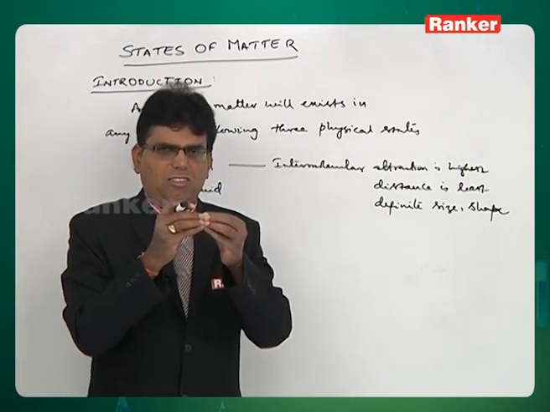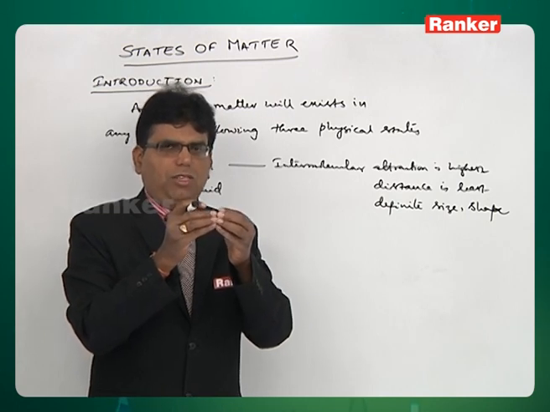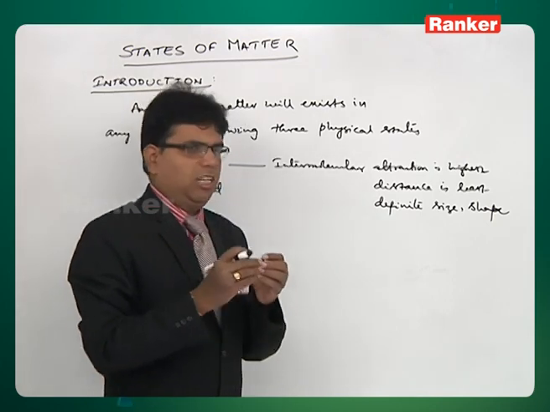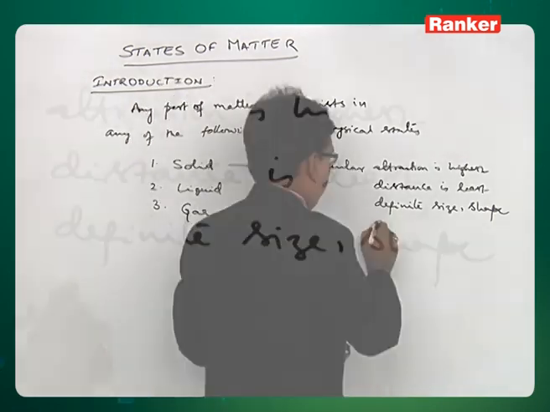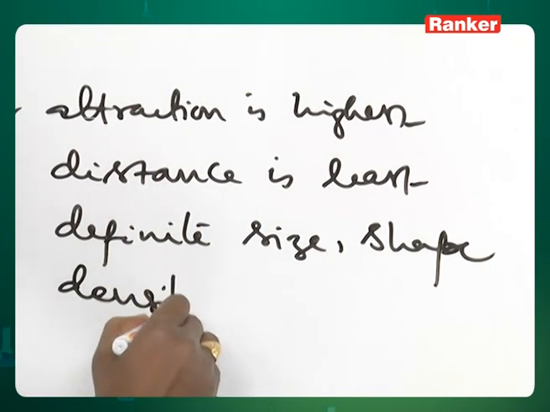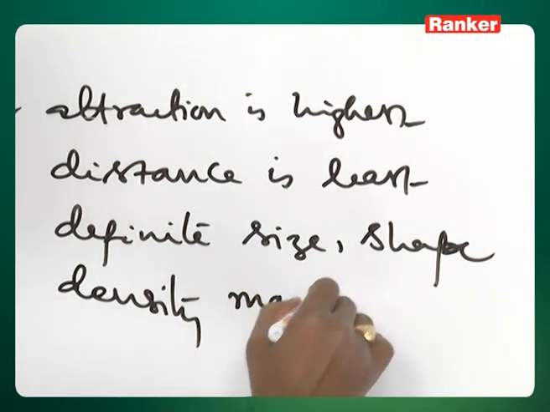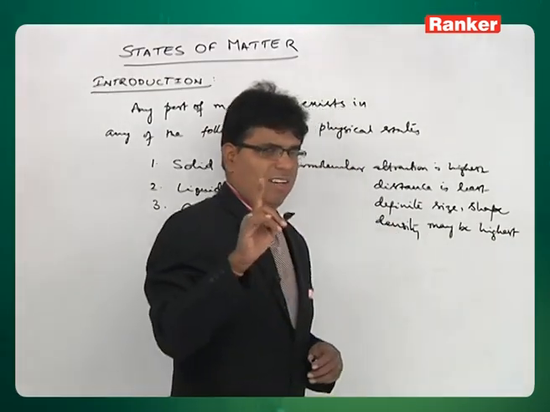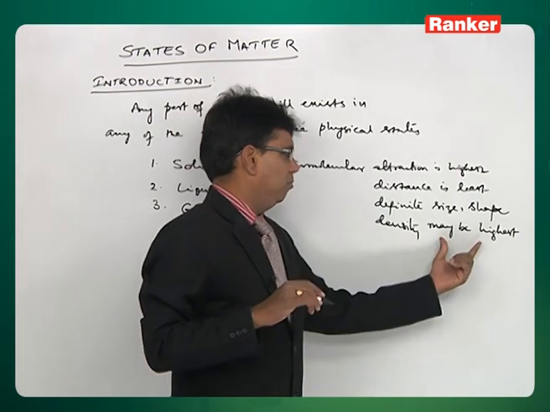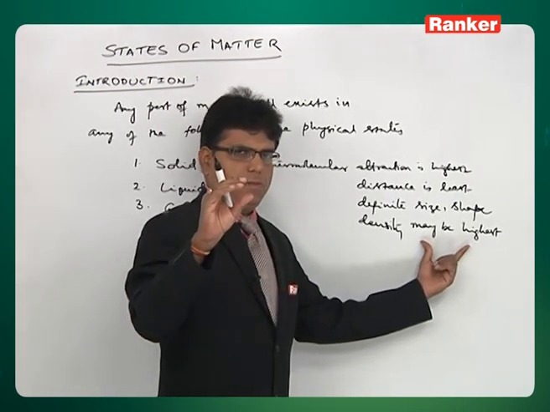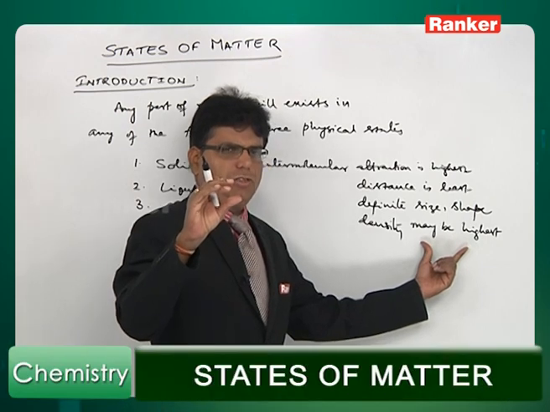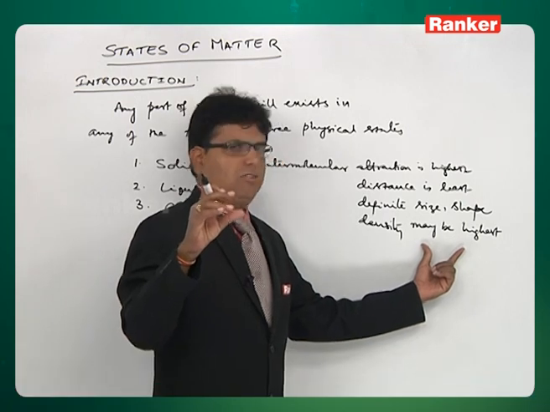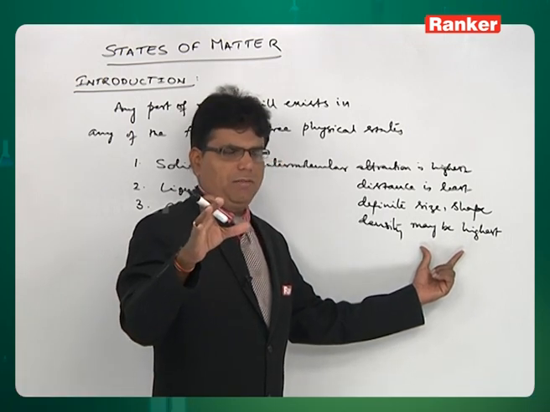When the intermolecular distance is small, many molecules will be present within a smaller distance. So, density is likely to be highest. Not necessarily always, but in general, for one substance, if you take its solid, liquid and gaseous forms, the density of the solid is likely to be higher.